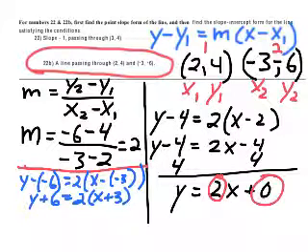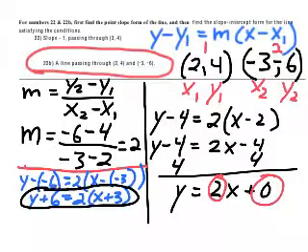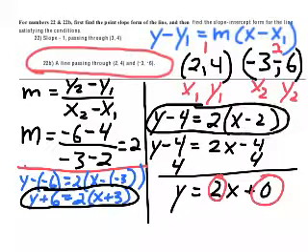So that's our point-slope form, excuse me. Now we're going to put it in slope-intercept form. You notice that these two equations are different. That's because we used two different points, and so we could have an infinite number of equations, but the important thing is that when we turn it back into slope-intercept, it comes out to be the same thing.